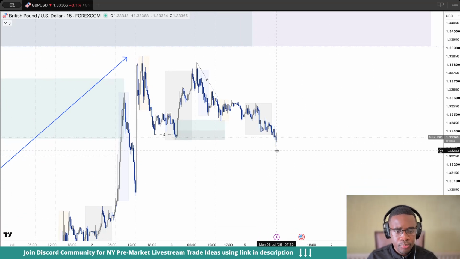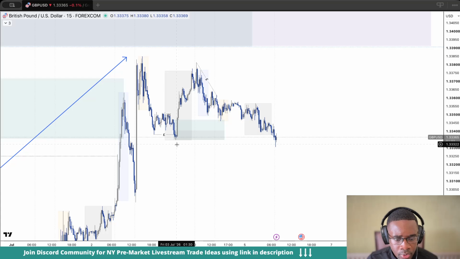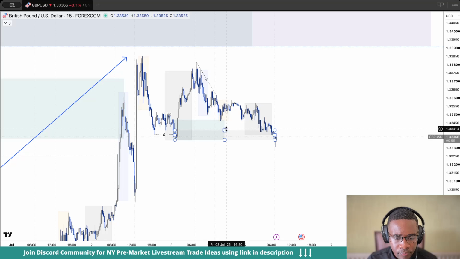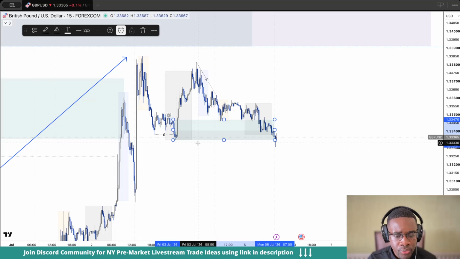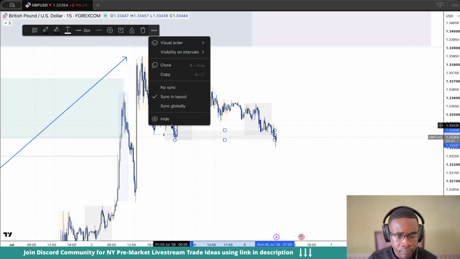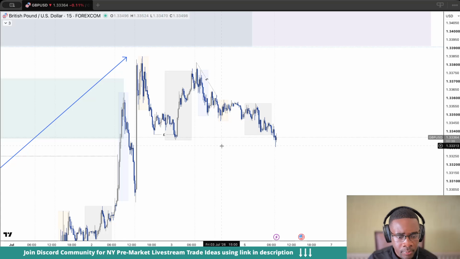The internal is bullish. We've had a sweep of Asia lows. So these areas are no longer valid, so have been eliminated.